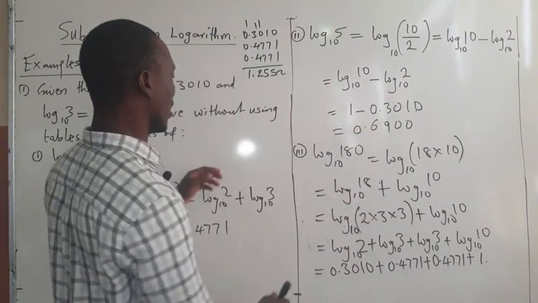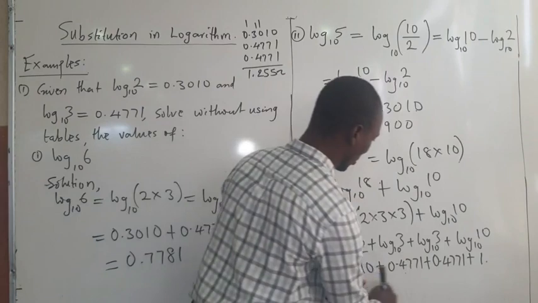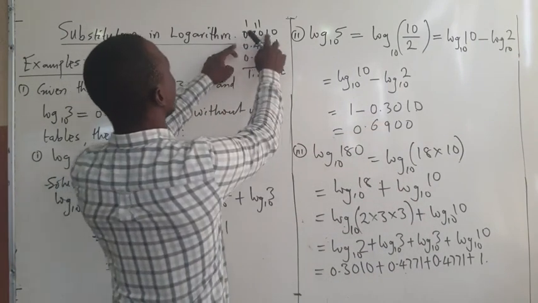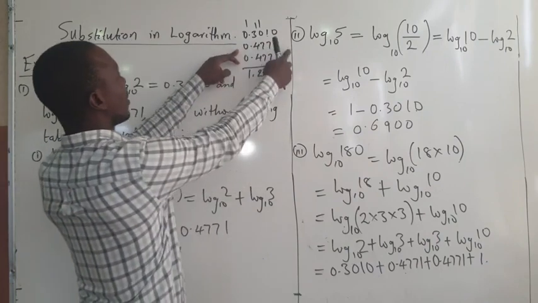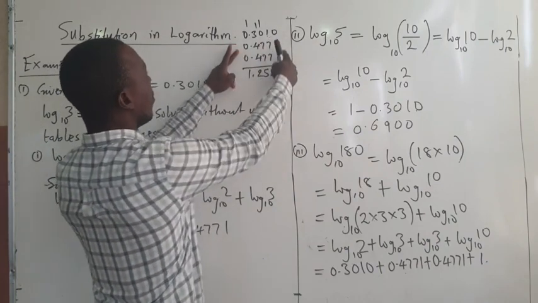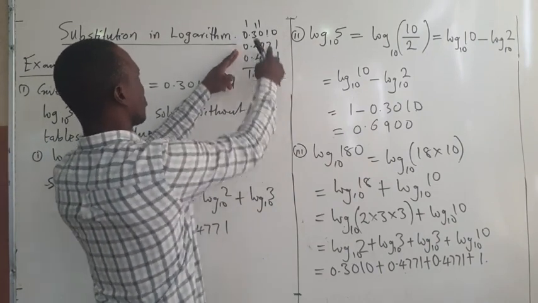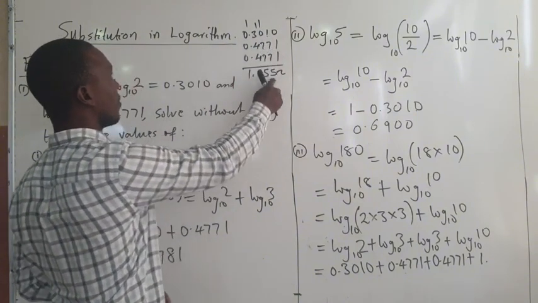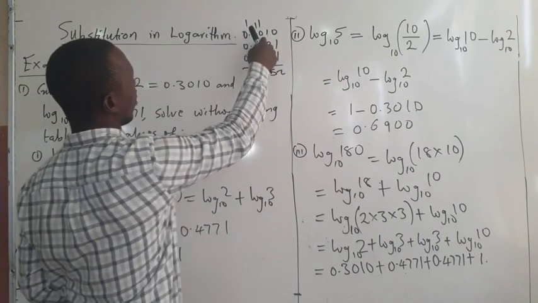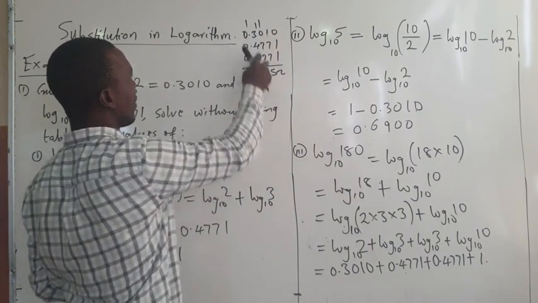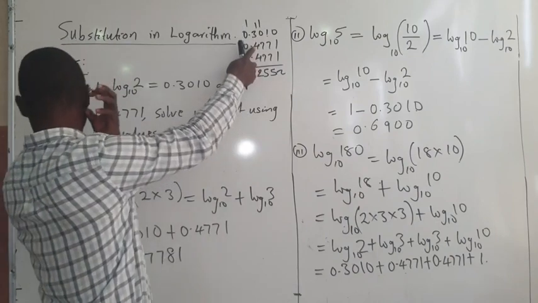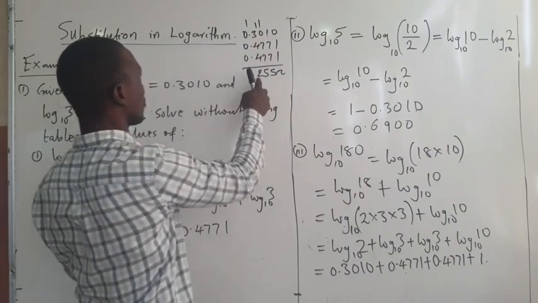So adding the three together, this is 0.3010, 0.4771, 0.4771. So 1 plus 0 plus 1 is 2. 0 plus 1 plus 7 plus 7 is 15, 5 carry 1. Then 1 plus 0 plus 7 plus 7 is 15, 5 carry 1. 1 plus 3 is 4, plus 4 is 8. 8 plus 4 is 12, 2 carry 1.